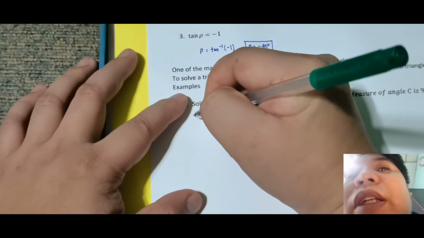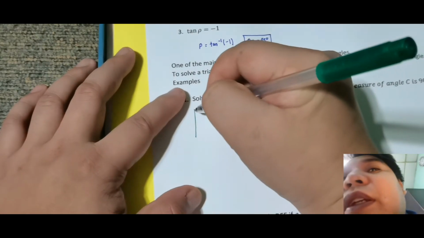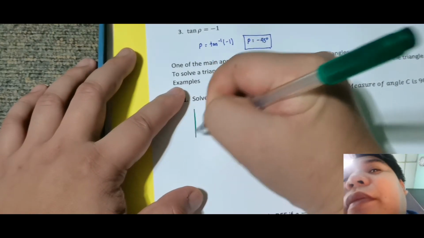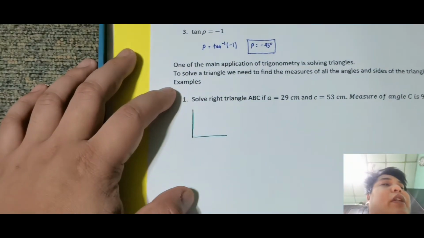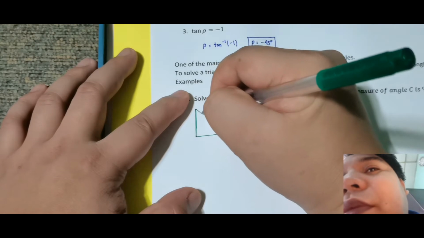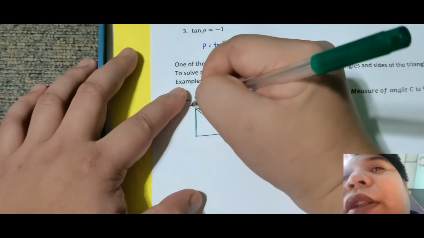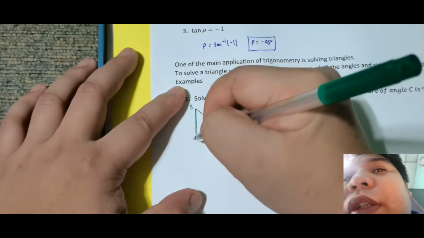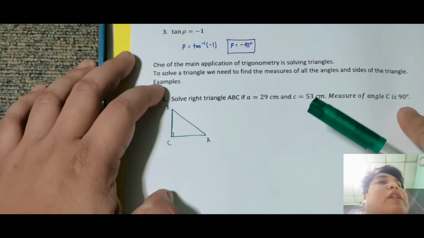Ako kasi pag nag-drawing ganito lang lagi, sinusure ko na meron akong perpendicular line. Then assuming ito yung angle A, ito yung angle B, ito yung angle C. Since siya yung 90 degrees, kaya sabi measure of angle C is 90 degrees.